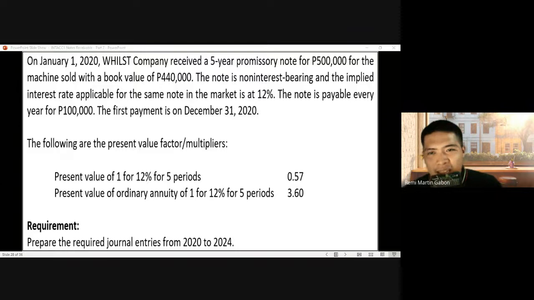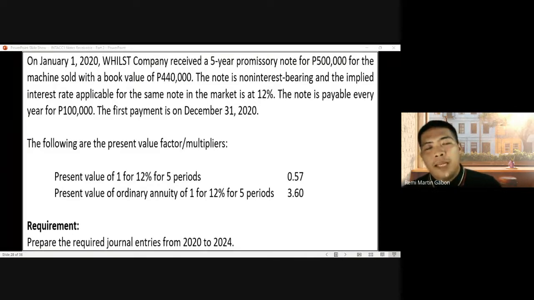What about 3.60? How do we solve 3.60? Follow the earlier process. Who got 3.6047 something? Disregard the negative. Okay, how was that done? 0.567 something, minus 1, divided by 0.12. We have the same process as in the previous problem, although we did not use the ordinary annuity formula.